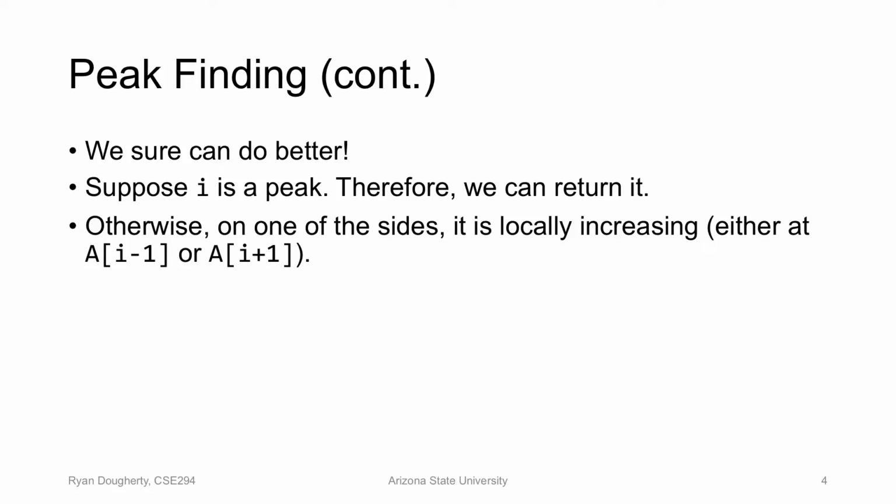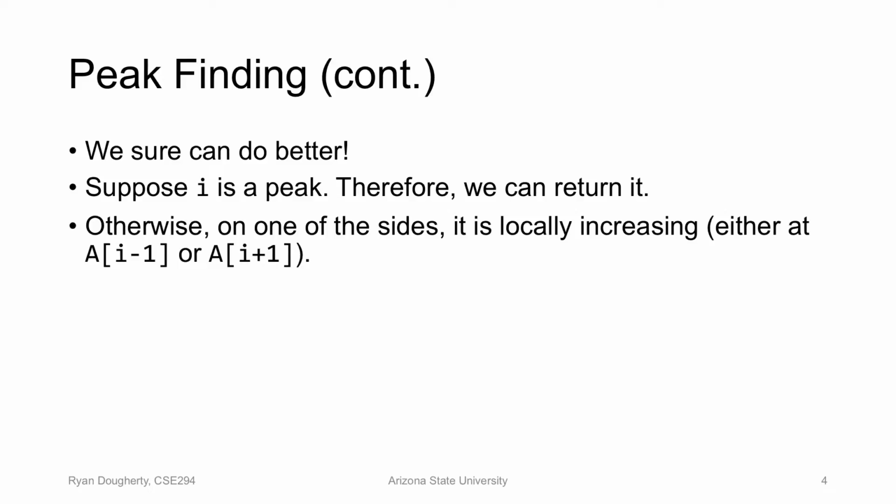So if it's not a peak, then it's either strictly less than both its neighbors, or it's greater than or equal to one of its neighbors and less than the other. So you know it's increasing on one of the sides. It can't increase forever, right? So only two things can happen.